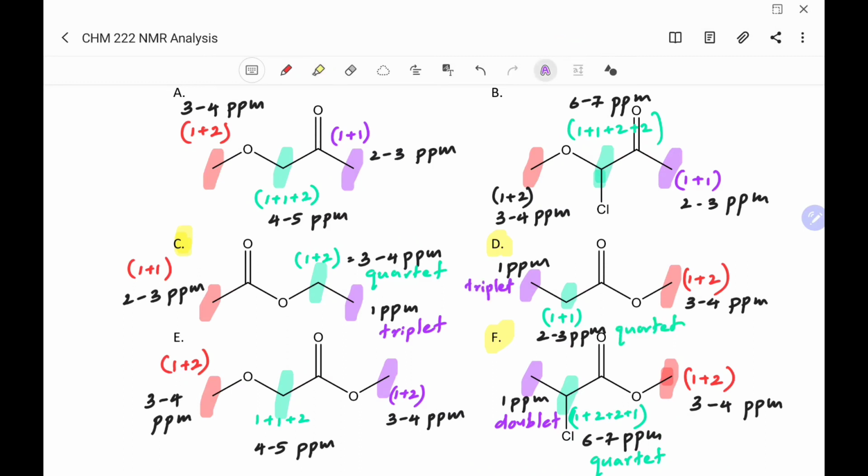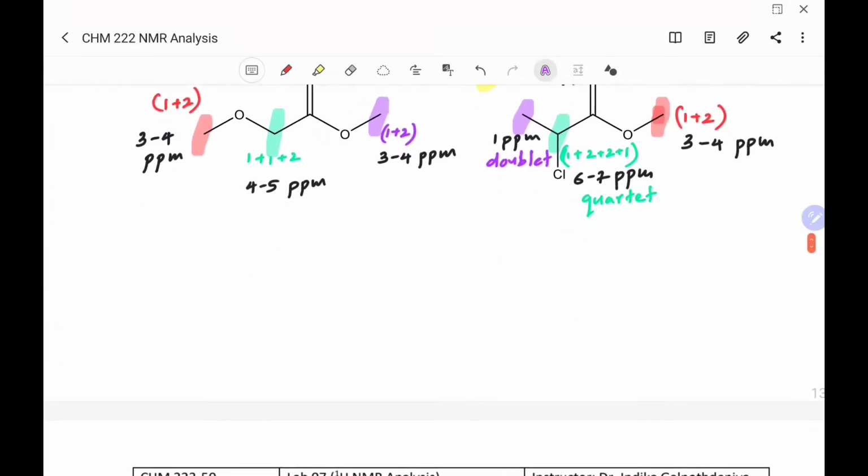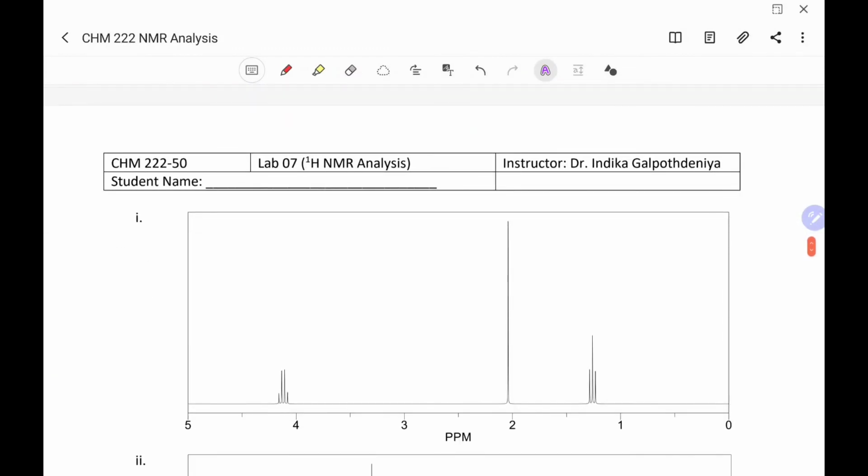Let's see if we could find structures that match with these structures. I have given you 6 NMR spectra.